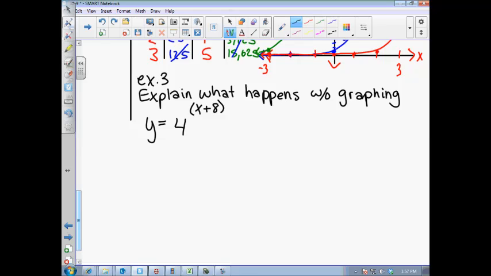Explain what happens without graphing. 4 is the base, so the base doesn't change anything. What changes the graph is the exponent here, x plus 8. Turn to your neighbor and tell them what the plus 8 does to the graph. It doesn't just add, talk about the shifting, please. How does the graph shift because of the plus 8?